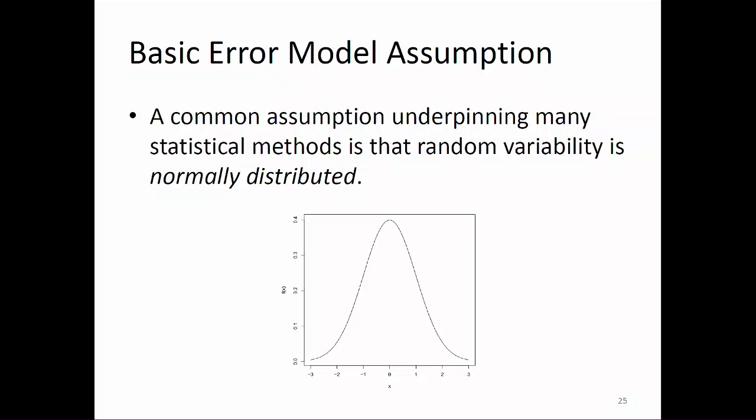The basic error model assumption that underpins all classical statistical work is that once you've built your model, all the rest of the variability follows a bell-shaped curve. It's normally distributed. It has a Gaussian distribution.